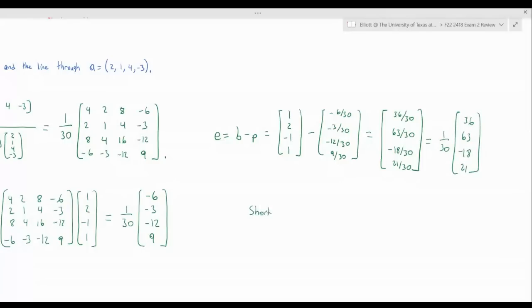what you would do to get the shortest distance is calculate the length or the magnitude of vector E. So we can leave the 1 over 30 in the front.